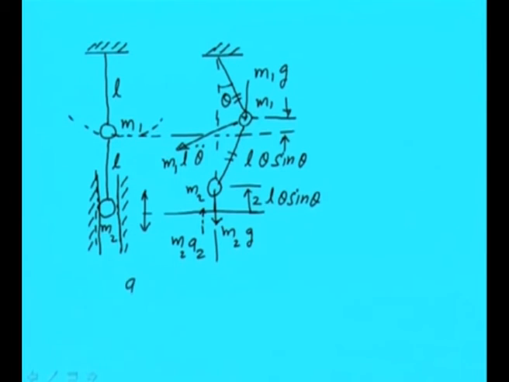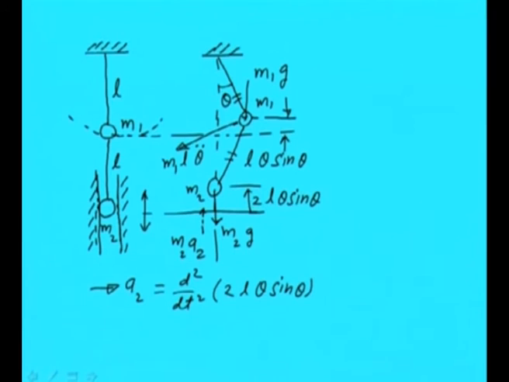This A2 can be obtained from the displacement of this ball; the double derivative of that will give us its acceleration. Actually, this particular acceleration has a very insignificant contribution toward the virtual work done.